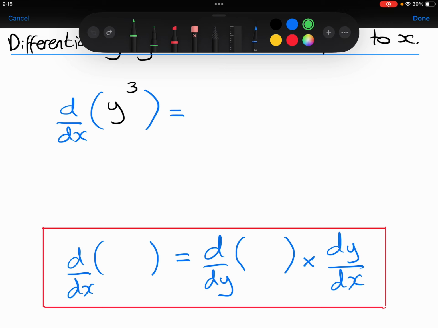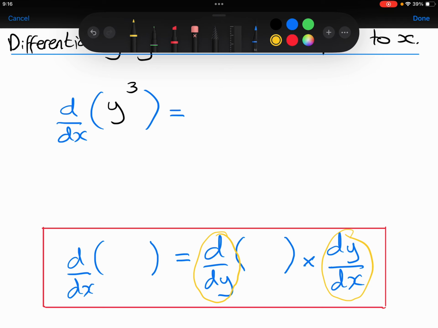Hopefully you can see here from the chain rule that the dy here and the dy here chain together, and we get the d by dx, the d by dx. So we are allowed to differentiate with respect to y as long as we multiply by dy by dx.